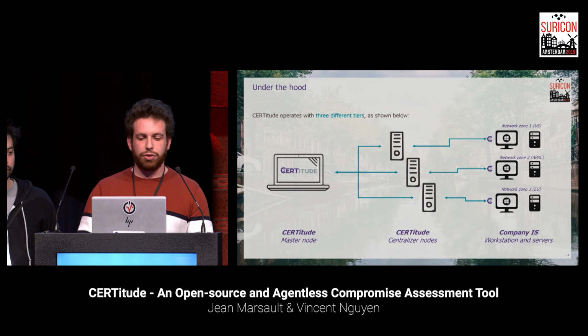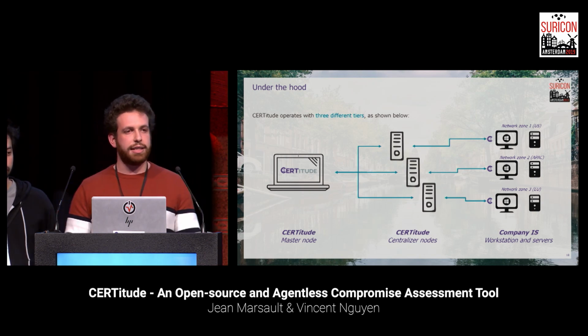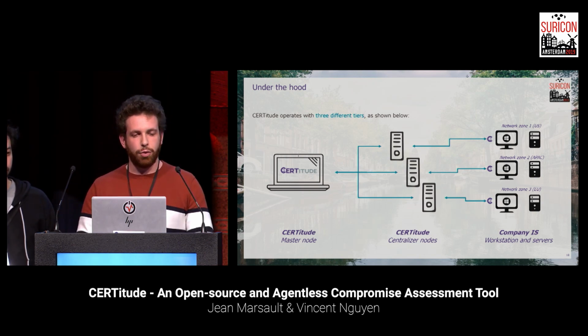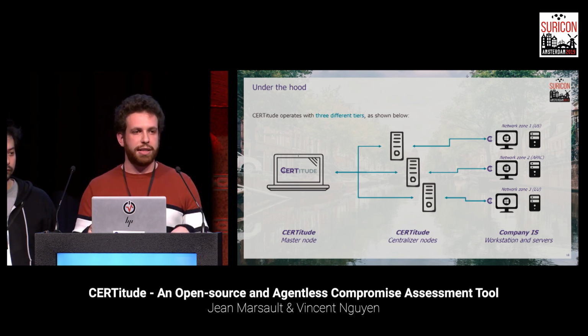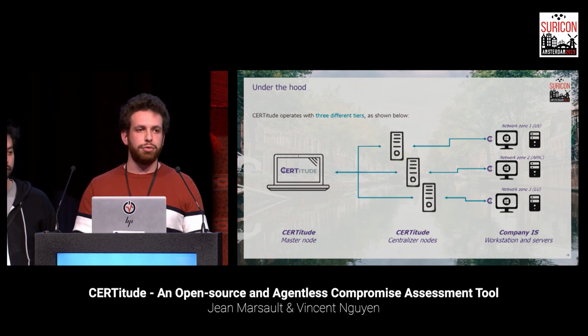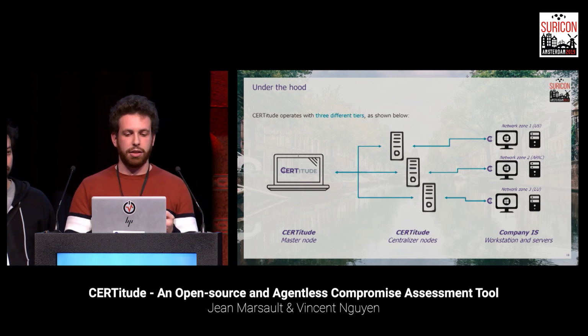So to solve this issue, we added a second tier to CERTitude, which are called the centralizer nodes. The centralizer nodes will be placed strategically within the network, and their goal will be to be reachable by each part of the network they will address.